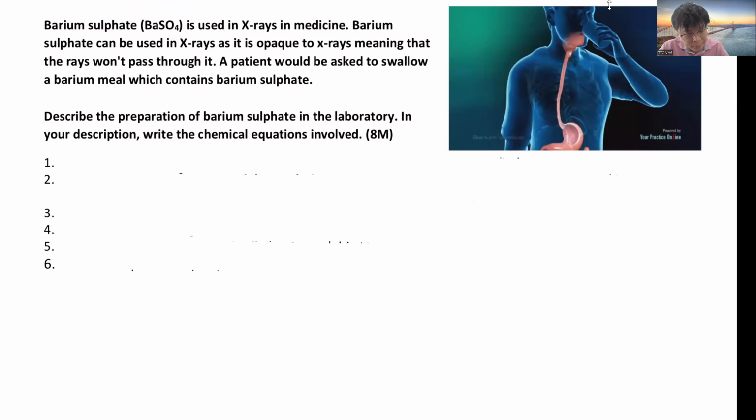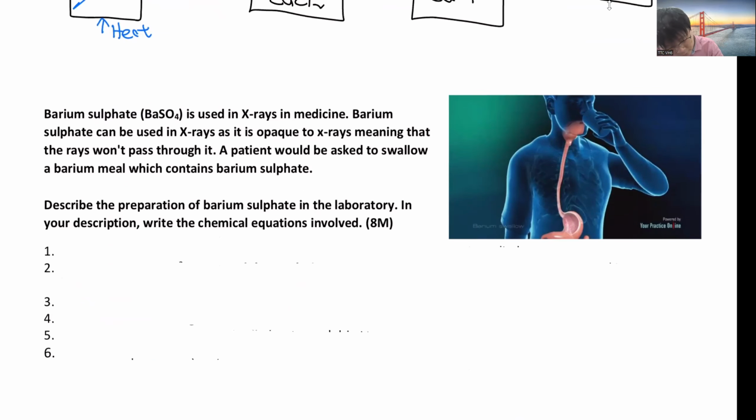Then for barium sulfate, it is an insoluble salt. So we need to prepare it using precipitation. The first one is barium nitrate, plus the other one, sodium sulfate.